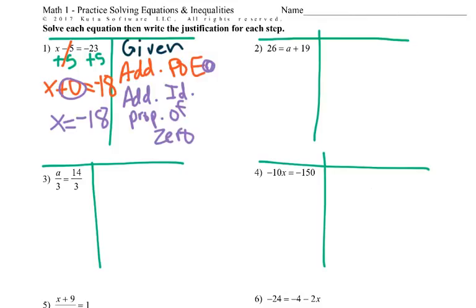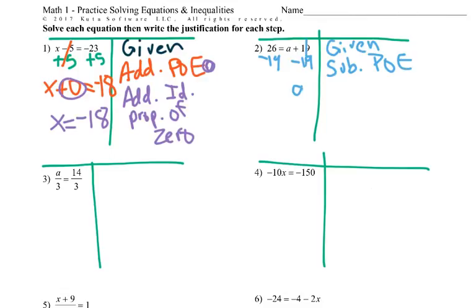Problem number 2, same idea. 26 equals a plus 19. I want to get a by itself, so I've got to get rid of that plus 19. Well, how do we get rid of a plus 19? We subtract 19. Okay, so that was my given. By subtracting 19, I have to maintain equality, so I have to subtract from both sides using the subtraction property of equality.